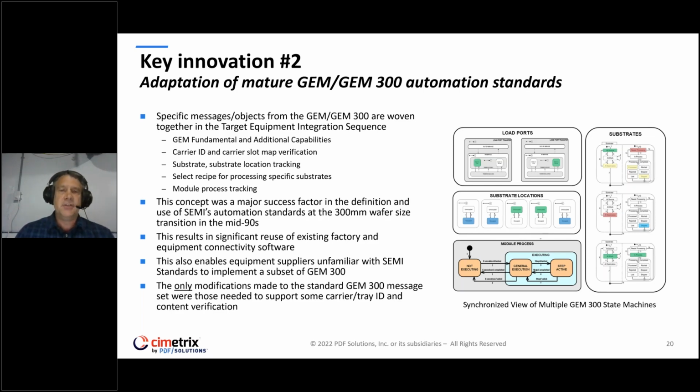And the only deviations from the standard were in the carrier and tray ID and content verification implementation. So all of the differences between a front end and a back end are handled up front in the back end TOS, and then you're able to follow the standards in a very normal and natural way.